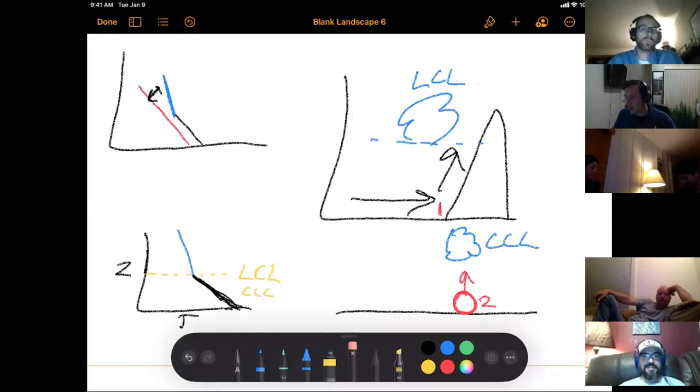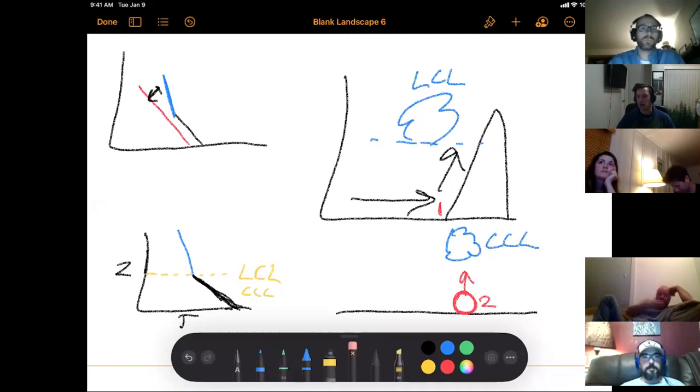So not only do we have a lapse rate by itself, but the dew point also changes with altitude, right? Because as the temperature is changing as we go up in height, it doesn't follow this line.